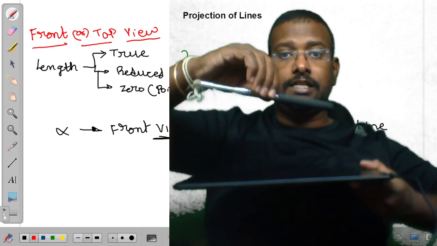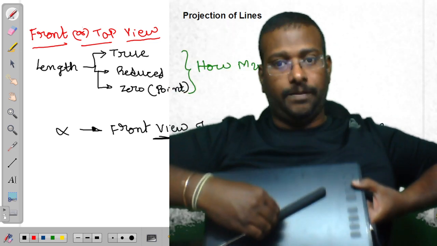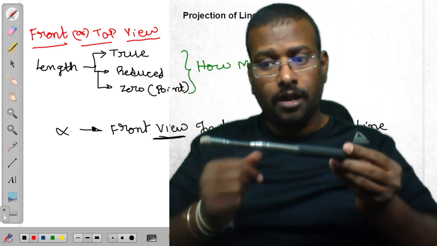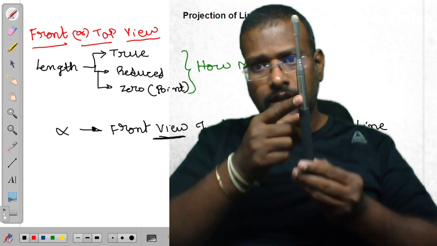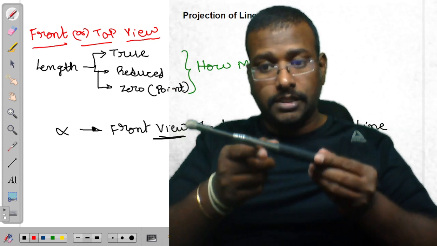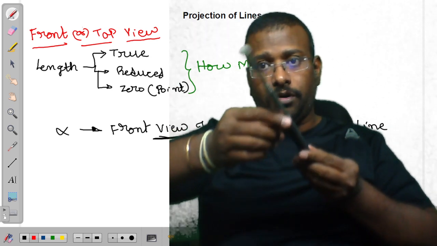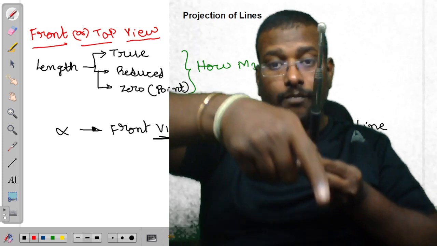In this case, it is the same inclination as VP. Okay, it is inclined to VP. Now, if I rotate it like this, without changing this distance, it is still inclined to VP. But in the top view it appears as a perpendicular line.